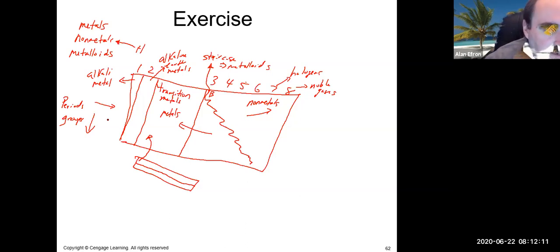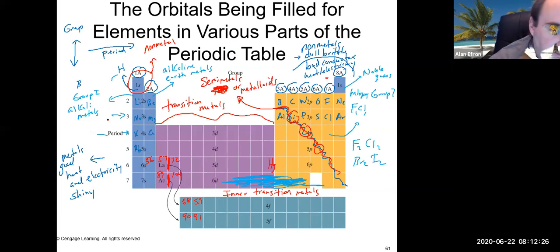All right, we also are still talking about electron configuration, and we can use the periodic table to help us in electron configuration. So although we scribbled on the previous one here, it still has some important information that we can look at.